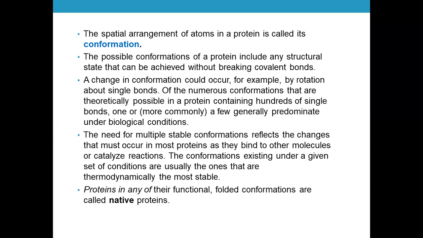Proteins in any of their functional folded conformations are called native proteins. So when it is not altered, when we take out a fraction of the proteins under biological conditions, we have what you call a native protein.